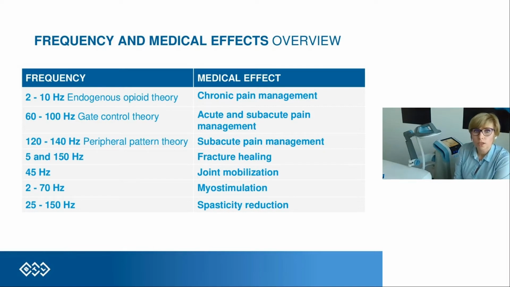If we are working with acute or subacute pain management, we would use 60 up to 100 hertz to cover the gate control theory. If we are working with a subacute patient and we want to manage the pain, we would use 100 up to 140 to cover the peripheral pattern theory.